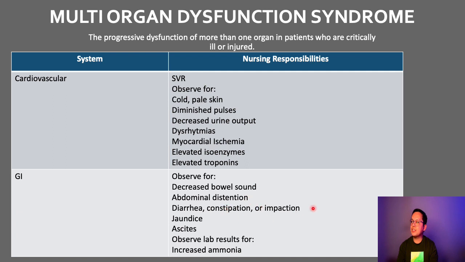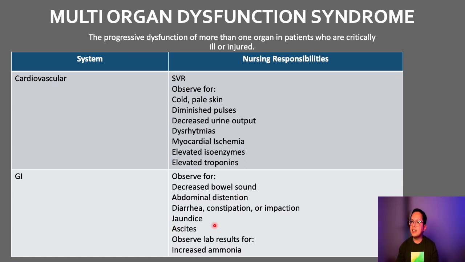Gastrointestinal, observe for the following: decreased bowel sounds, abdominal distension, diarrhea, constipation or impaction, jaundice, ascites. If the patient with multi-organ dysfunction has constipation, give a stool softener. This is automatic because they want bacteria and other byproducts of digestion and metabolism out of the body.